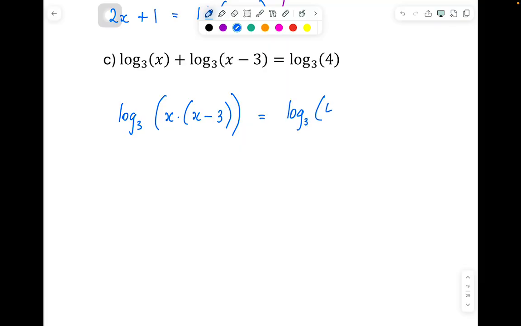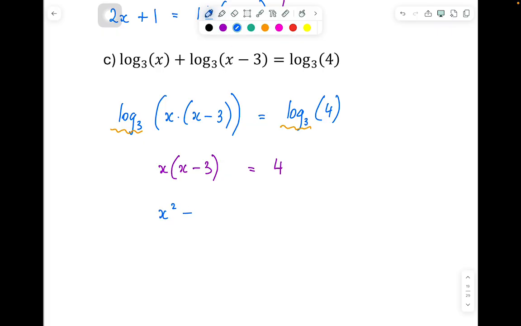Now the interesting thing here about logarithms is that if you have a log on either side and they're encapsulating a bracket, they will both cancel out. So what we will have here is just whatever's left inside the bracket.